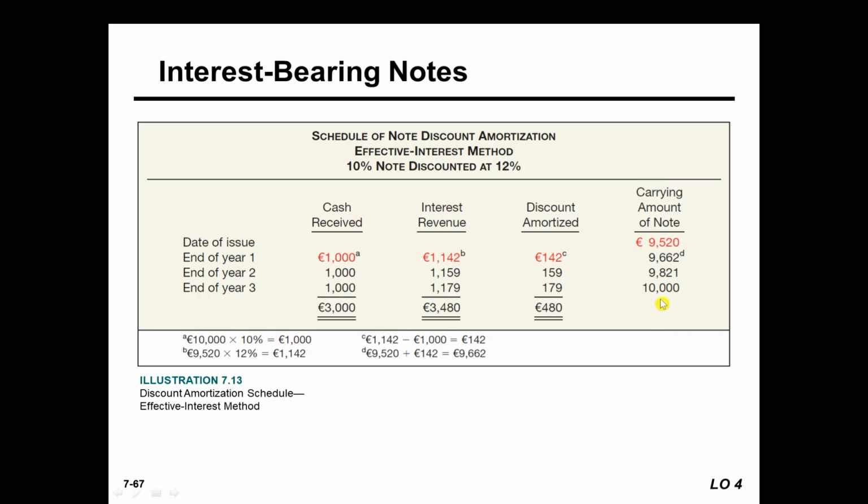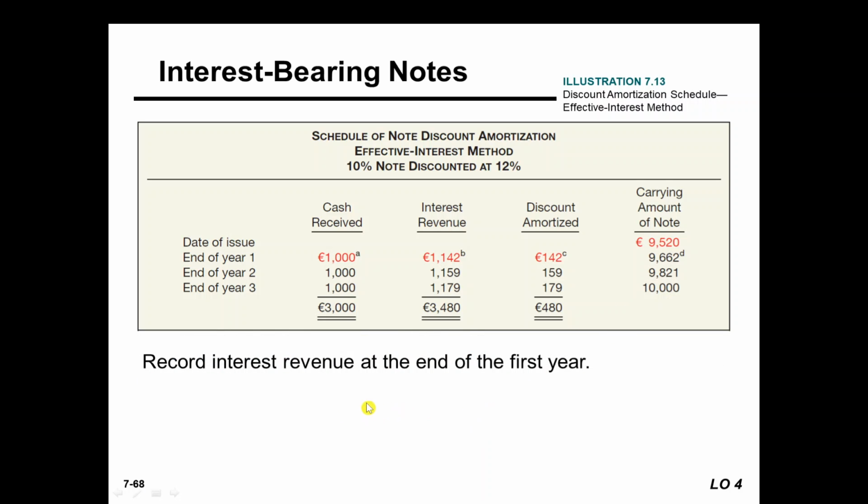So we end with 10,000 euros at the end of the third year. So the journal entry to record the interest revenue at the end of the first year is: we record cash of 1,000 because it is the money that we receive, and notes receivable of 142. Why do we need to record back 142? Because we need to add it back until we come up with the 10,000. I will show you later why we need to record it that way.